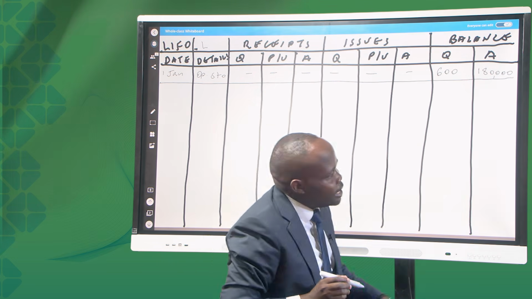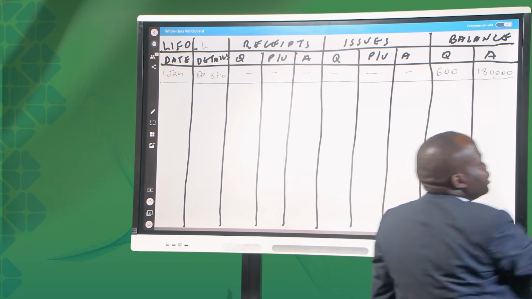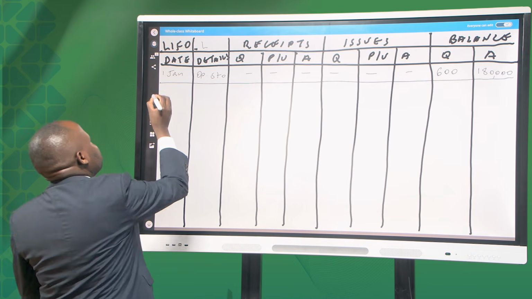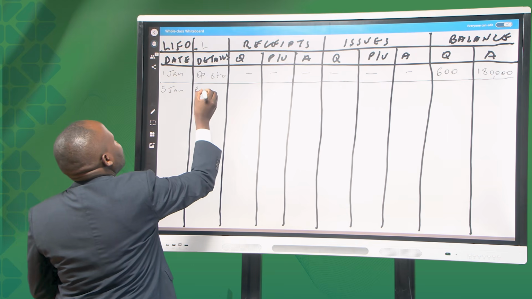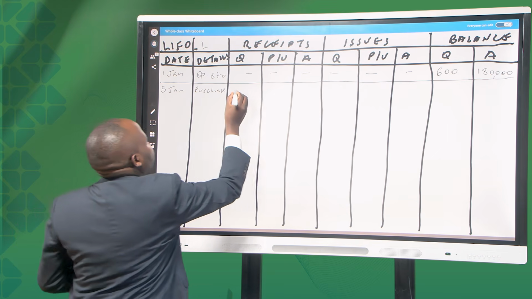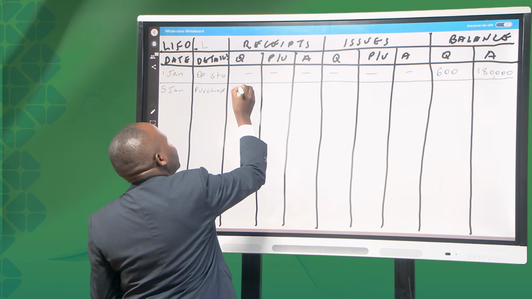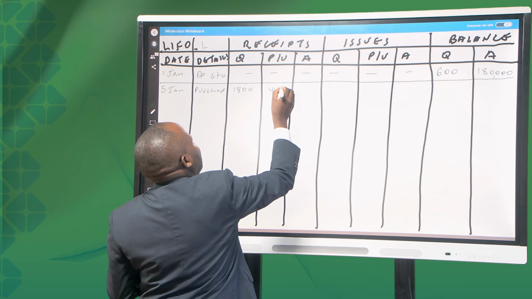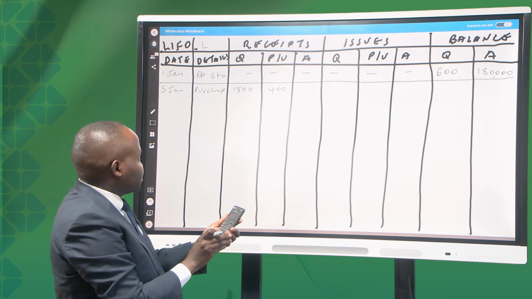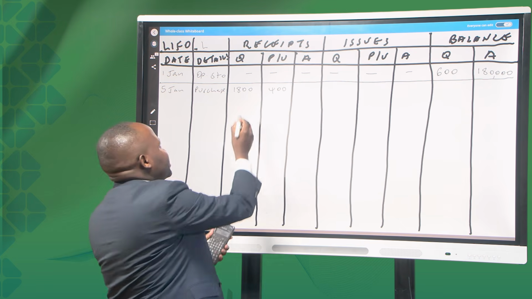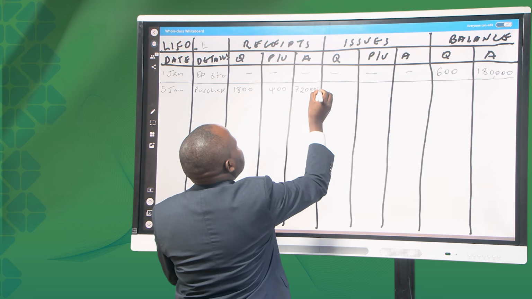The next date is 5th January. We purchased 1,800 units at a price of 400. If we use our calculators, everyone should be using their calculators, 1,800 times 400 gives you 720,000.